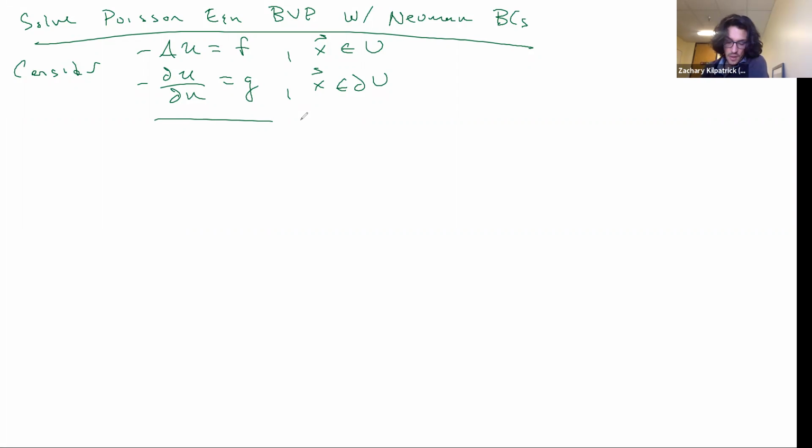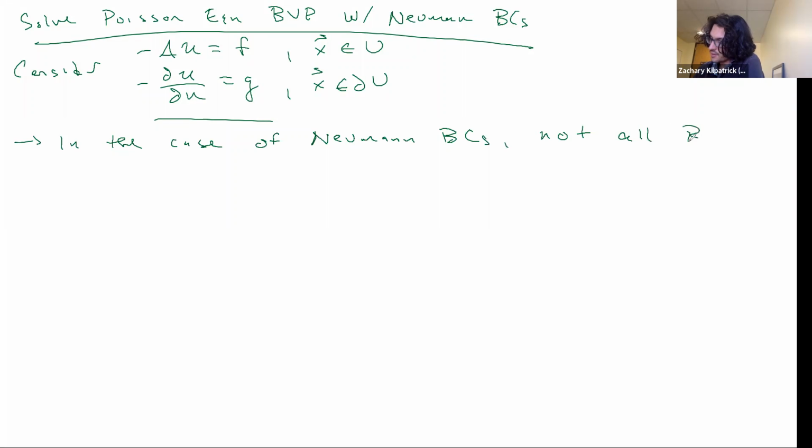So, but before we even solve it, right, we make a note that in the case of Neumann boundary conditions, okay, not all BVPs are solvable, okay?